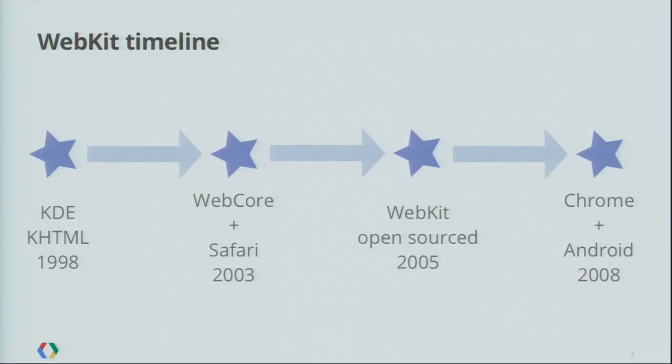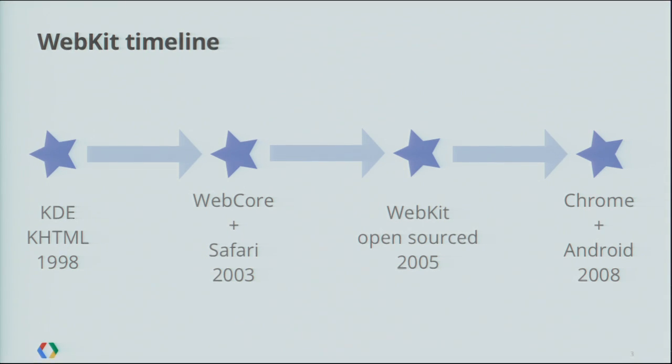All right, so WebKit, for the probably very few that don't know what it is, it was originally an open source project by the KDE desktop environment, and they used that for their own browser. And Apple took that HTML layout engine, extended it and made it more robust, and used that as a base for Safari.